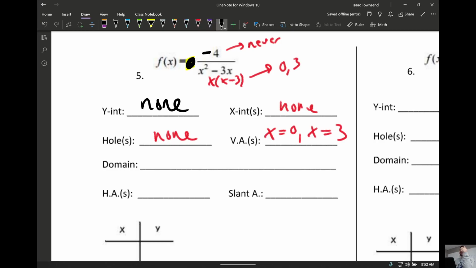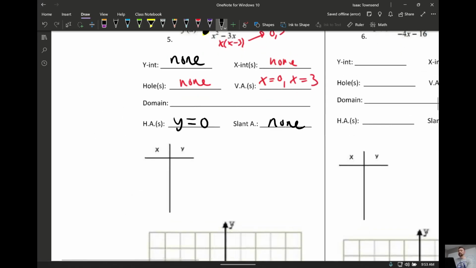The degree of the denominator is bigger than the degree of the numerator, so that tells me the horizontal asymptote is y equals 0, and it tells me that there's not a slant asymptote. To have a slant asymptote, the degree of the numerator has to be 1 bigger than the degree of the denominator. And so really from all of this, all I get is a couple lines.